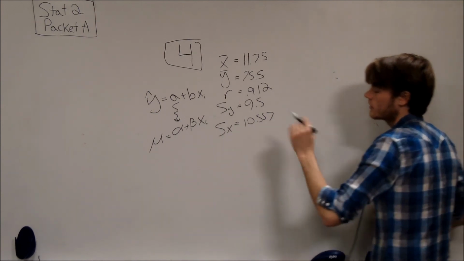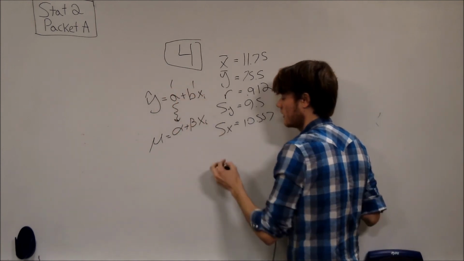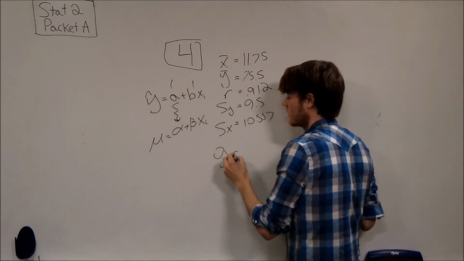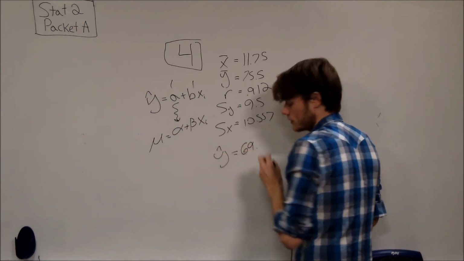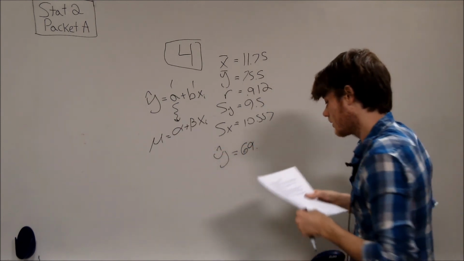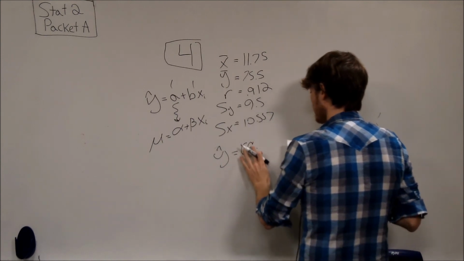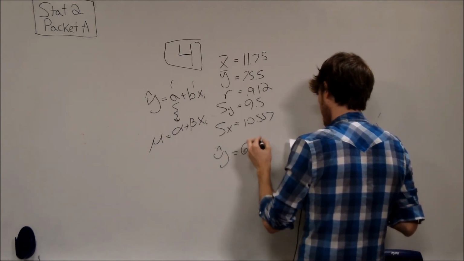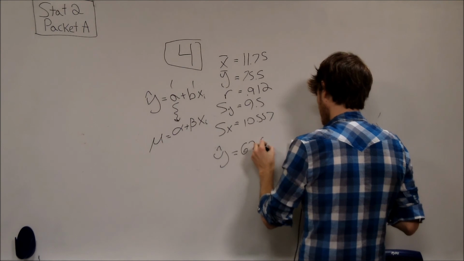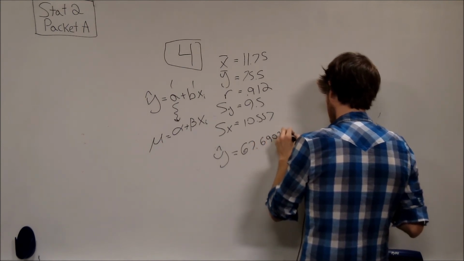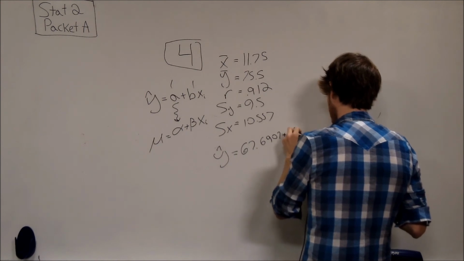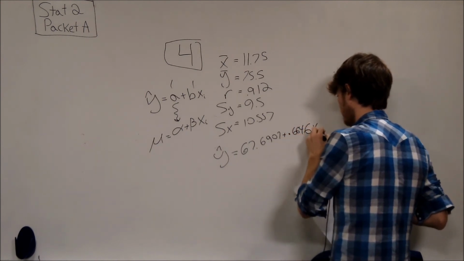So, okay, so we're going to just fill in A and B. So y hat equals 67.6907 plus 0.6646 xi.